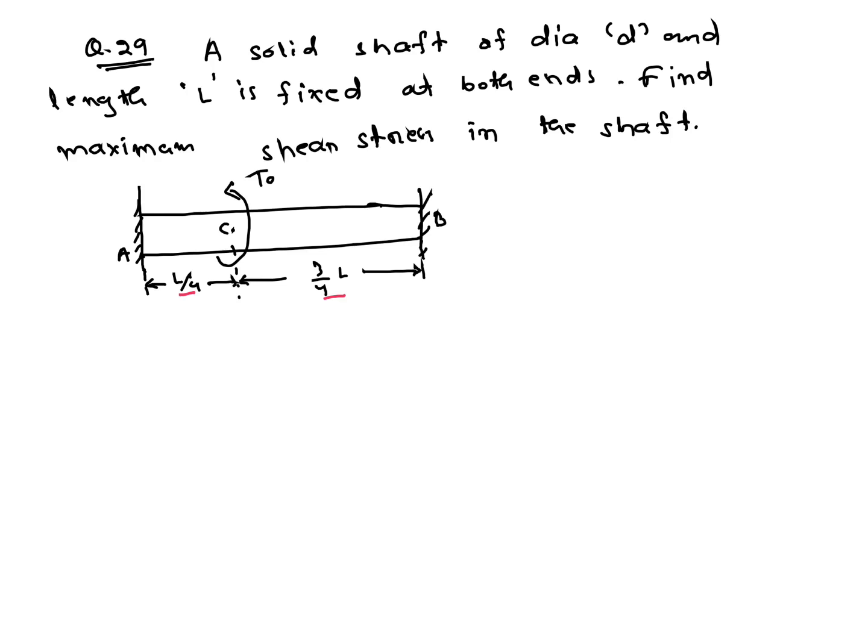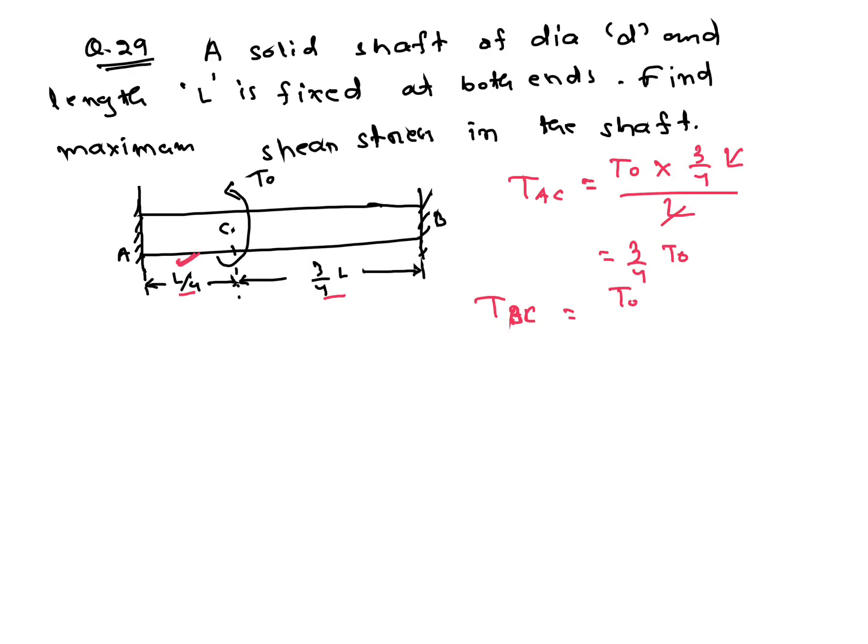So we know for this side, AC side, TAC we can directly write T0 into 3 by 4 L divided by L, that is 3 by 4 T0. And TBC is T0 into this side distance.